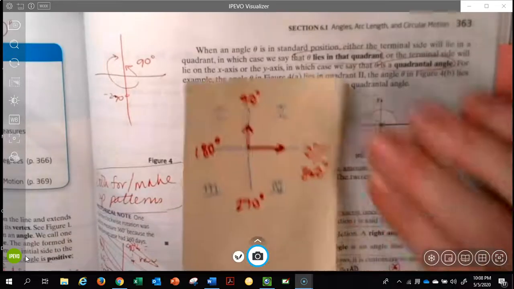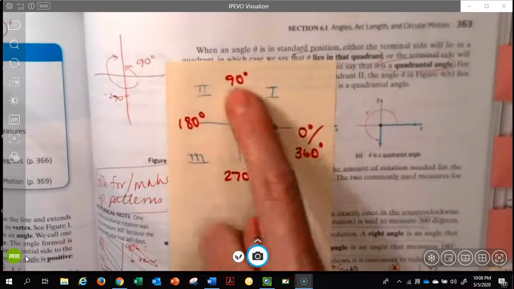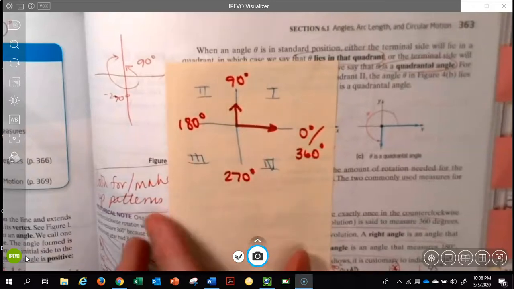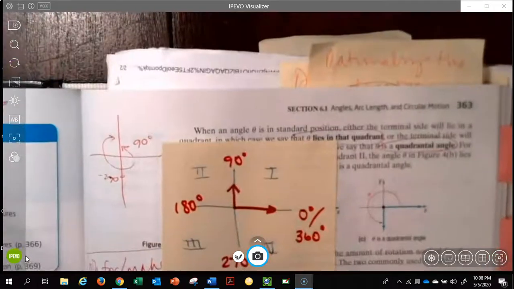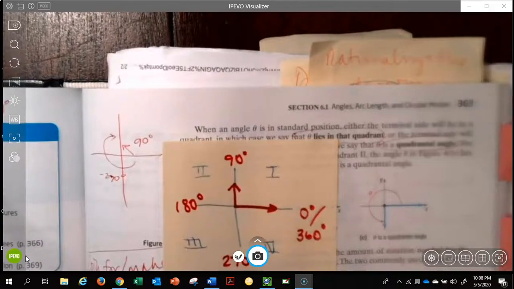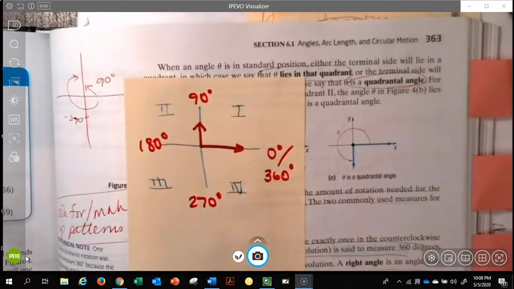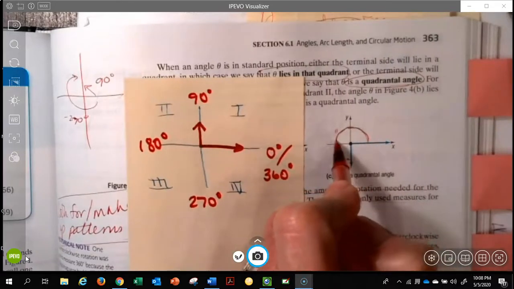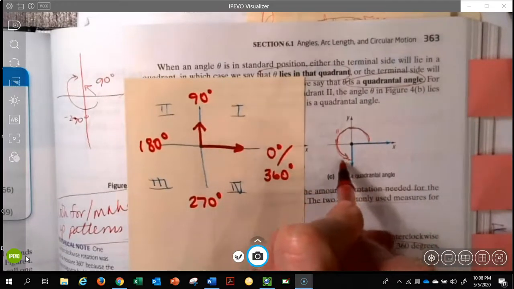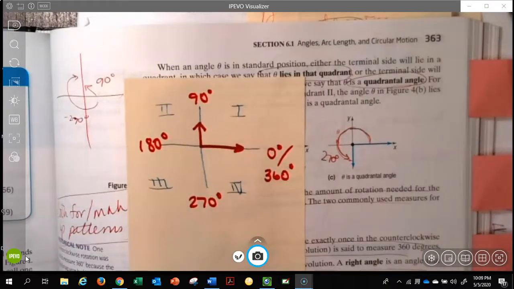The one I drew is a quadrantal angle because it did not land in a quadrant, it landed on one of the axes. If you look at the angle they've drawn here, it goes through 90 degrees, through another 90 degrees, through another 90 degrees, and we're going to call that one 270 degrees.